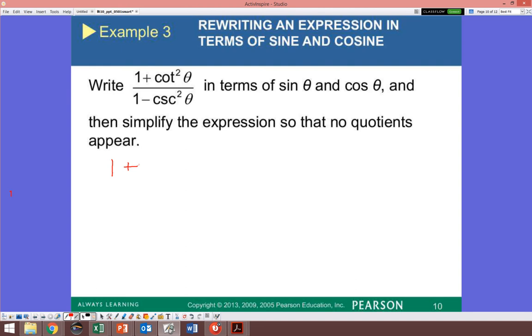But if it's cotangent squared, it's x squared over y squared, all that over 1 minus, now right here, cosecant squared. Cosecant is usually 1 over y. But if it's cosecant squared, it's 1 over y squared.